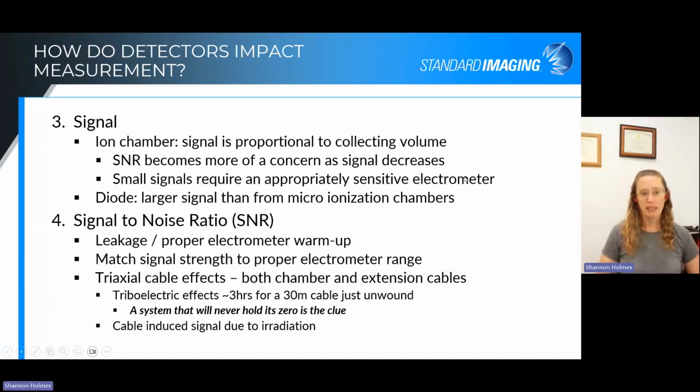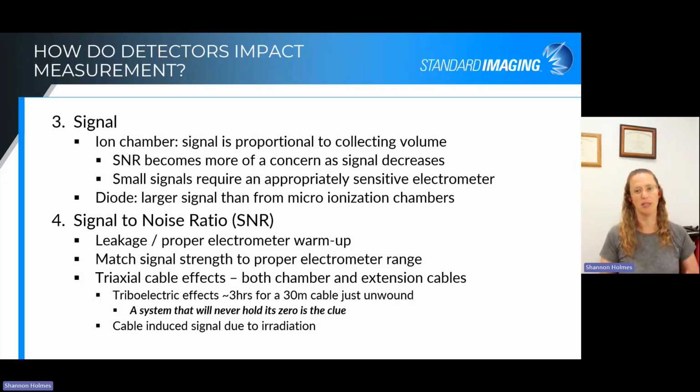The signal level that you're getting from your detector can affect the accuracy of your measurement. So with ion chambers, signal is proportional to the collecting volume. So as your volume decreases, your signal decreases as well. So signal to noise ratio becomes much more of a concern for very small ion chambers, especially in very small fields. And then the small signals from these ion chambers require an appropriately sensitive electrometer.